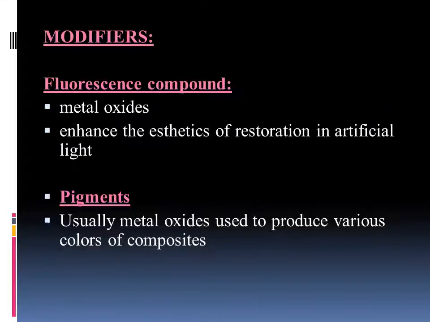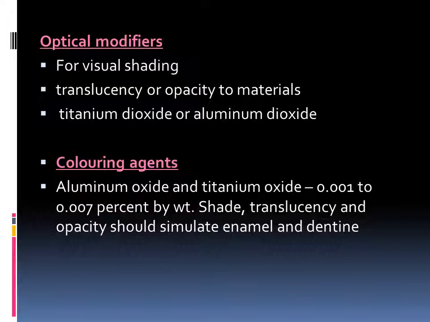We have the fluorescence compounds, the metal oxides, which enhance the aesthetics of the restoration. Then the pigments, usually metal oxides, reproduce the colors of composites. The dental composites are available in various shades in order to match and simulate the natural teeth. Then optical modifiers for visual shading to add translucency or opacity, for example, titanium dioxide or aluminum oxide.